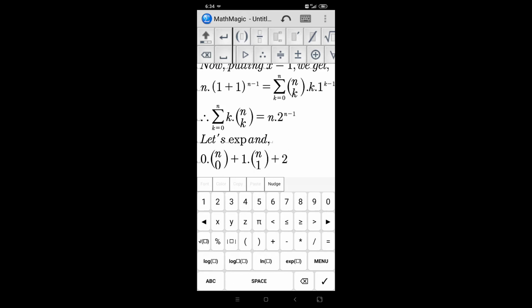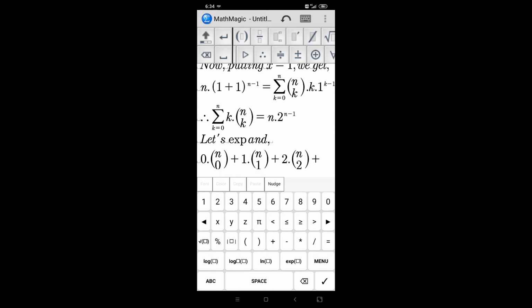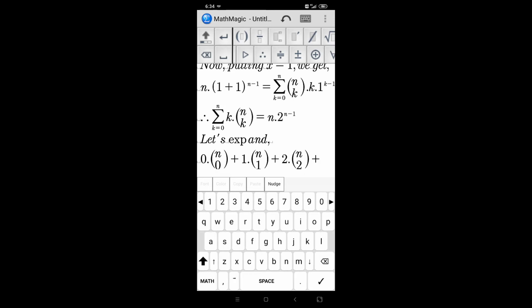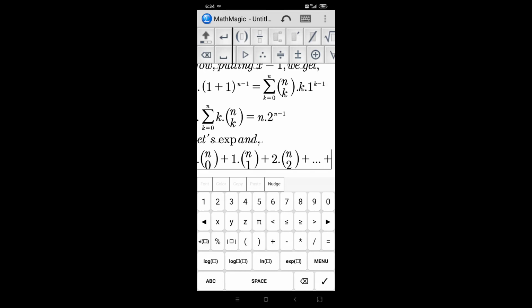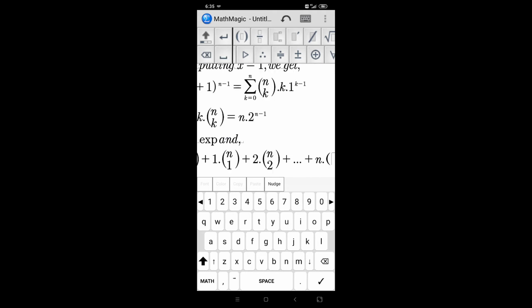plus 2 into n combination 2, right? Plus, and so on. Here that 0 term will get cancelled out, so our sum will start from 1, right?